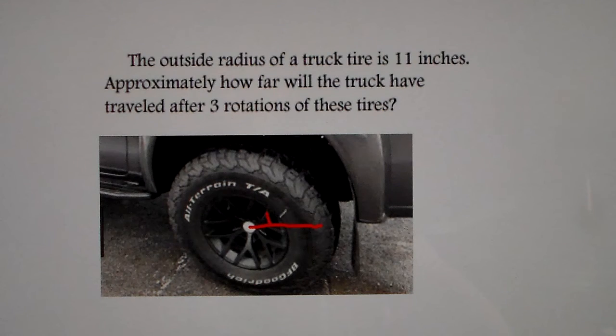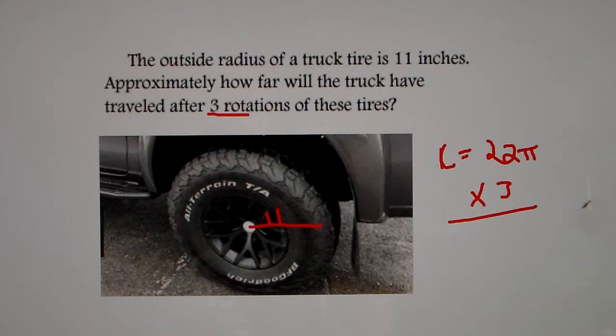So if the radius is 11 inches, the circumference is equal to diameter times pi, which is 22 pi. And since it's asking for 3 rotations, your answer, 22 pi times 3, is going to be 66 pi.